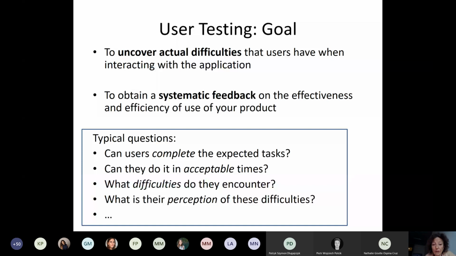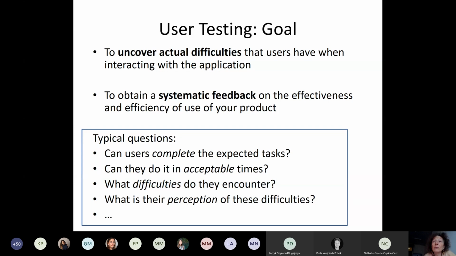So your goal is to uncover the actual difficulties that users have when interacting with the application, to discover what is wrong for the end users, and to get systematic feedback on how effective your product, your system, is, and how efficient, how fast and how easily the user can perform the task for which the application has been created.